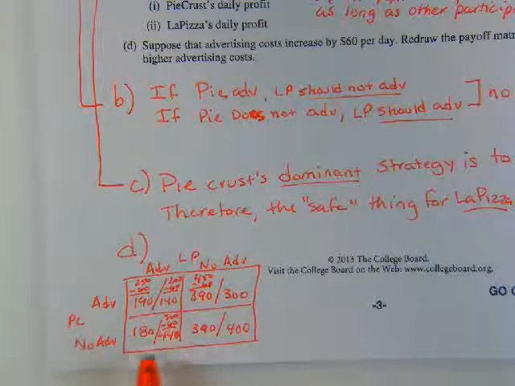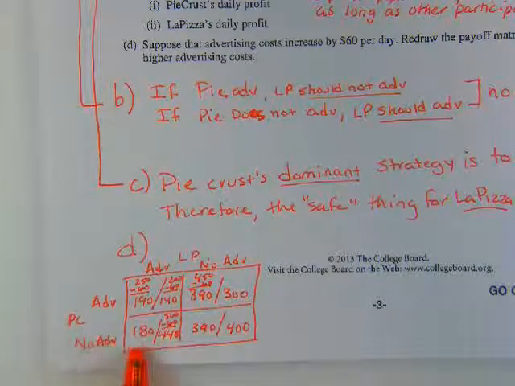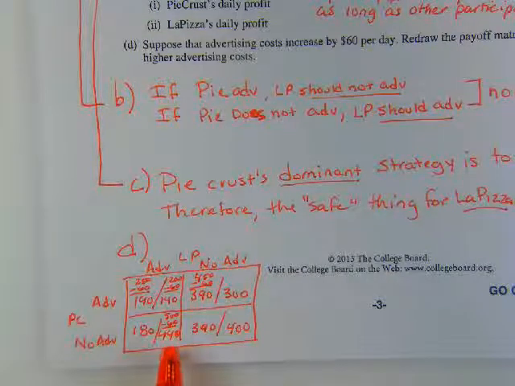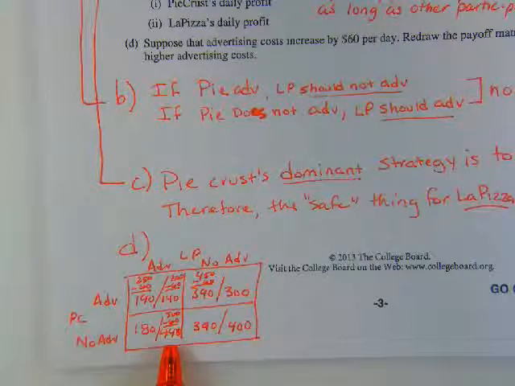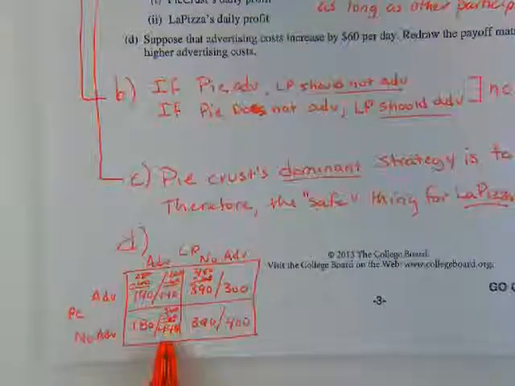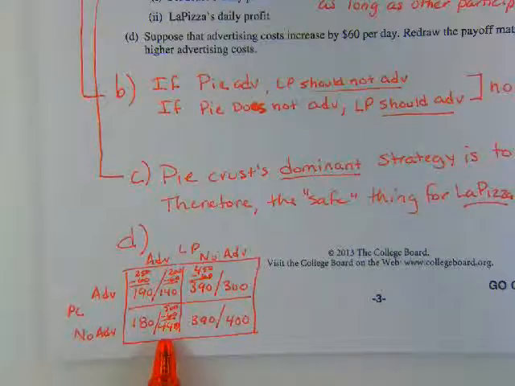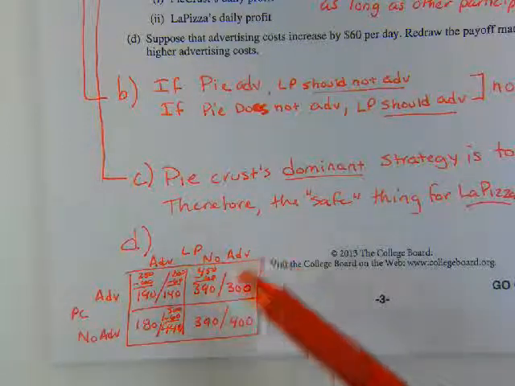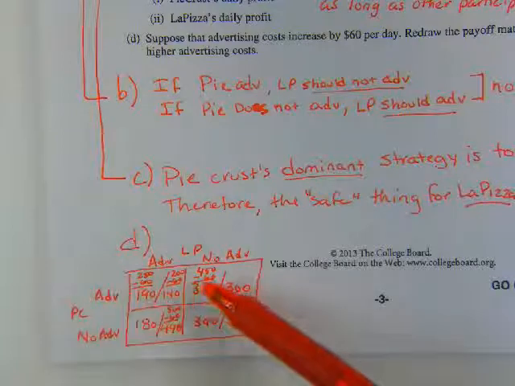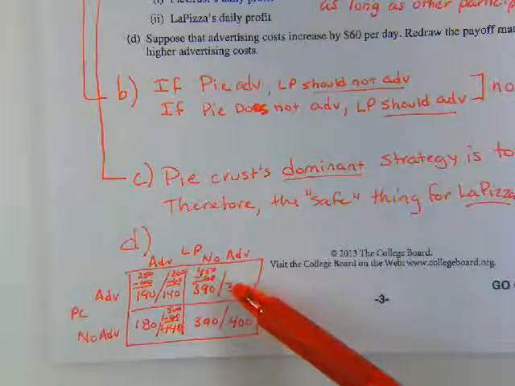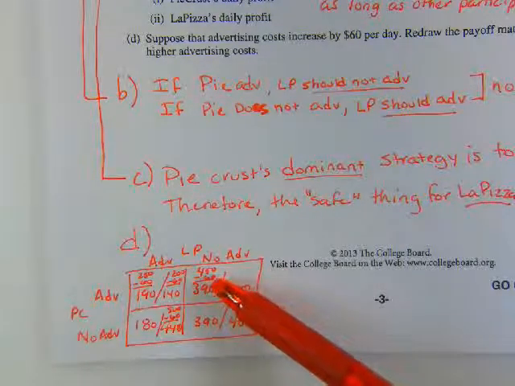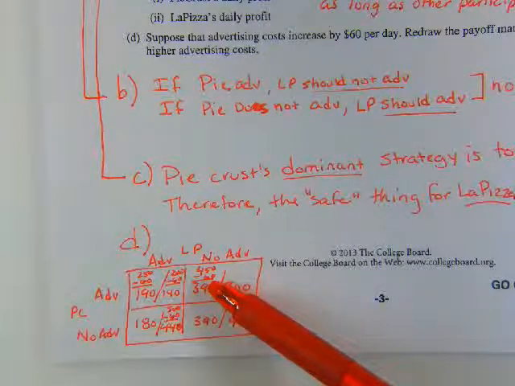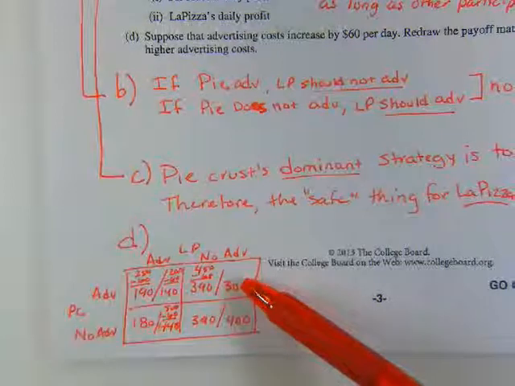In this quadrant, Pie Crust is not advertising, but La Pizza is, so we would deduct the $60 from La Pizza's payoff, and it reduces their payoff to $440. In our quadrant at the top right, Pie Crust is advertising, La Pizza is not. So the $60 is only deducted from Pie Crust's payoff, not from La Pizza, because they're not advertising.